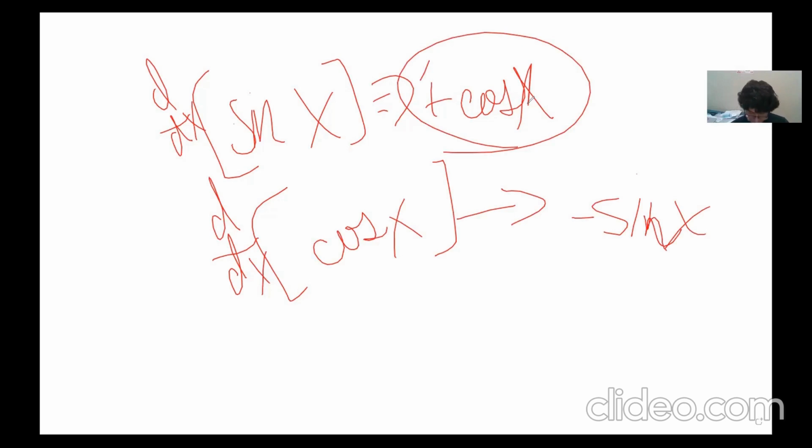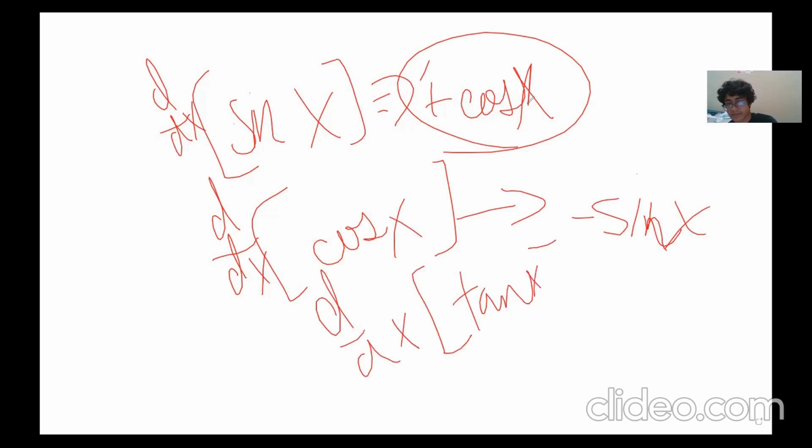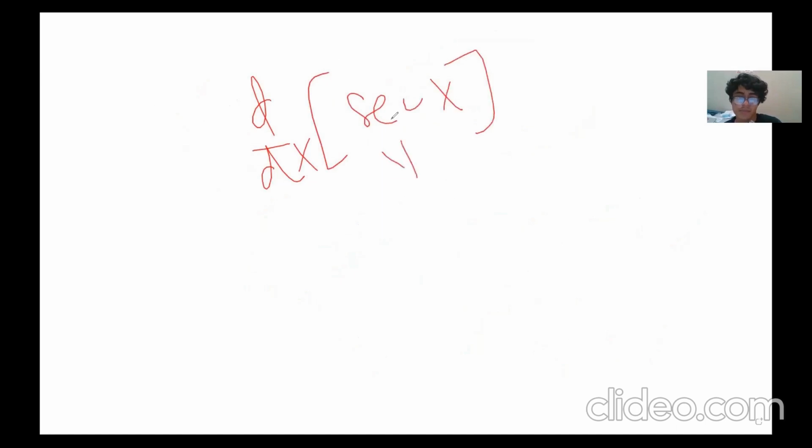But tangent. Derivative of tangent, I want to remind, is secant squared x. Okay, cool. Don't want to hammer in that idea. That's kind of boring. Also, secant x, derivative of this.